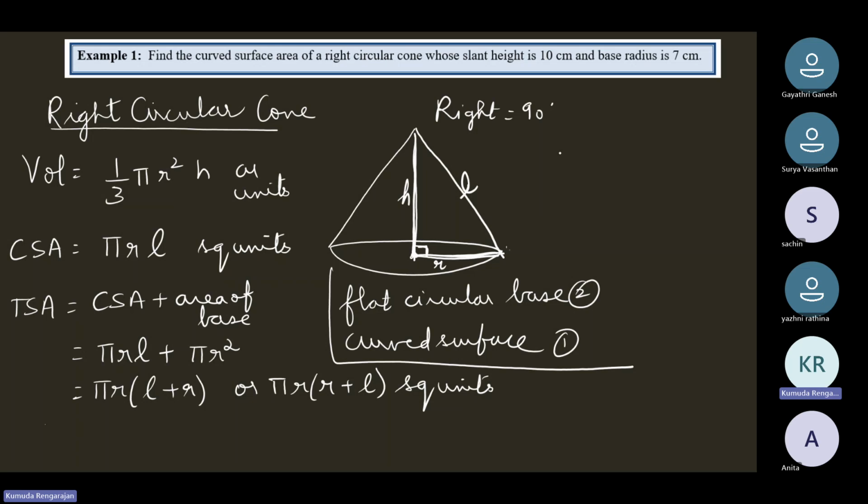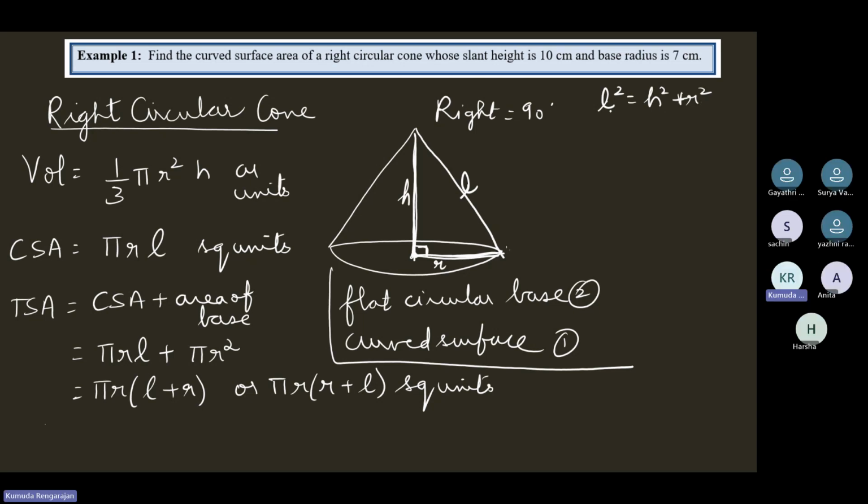Now, the relationship between l, h, and r: l square is equal to h square plus r square. It's exactly Pythagoras theorem. The square on the hypotenuse, l square, is equal to the sum of the squares of the other two sides, h square plus r square. If you're given the values of any two, say l and h, you can find r using this relationship.